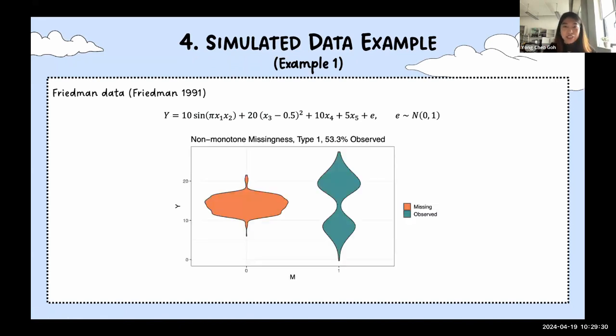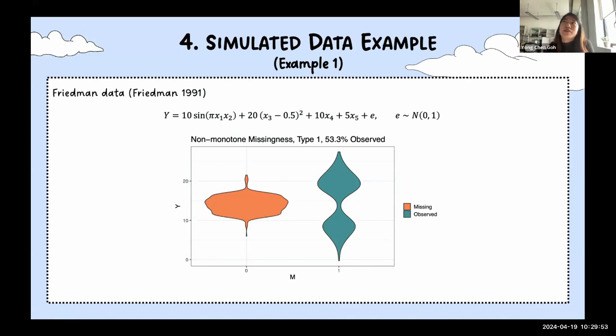So this is the distribution of the data. m equals 1 represents the observed data, m equals 0 represents the missing data. I've basically made a chunk of the data in the middle of the range of y missing. And in this example, we've got 53.3% of observed data.